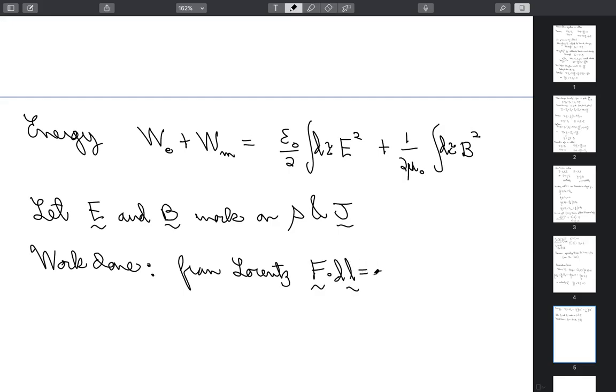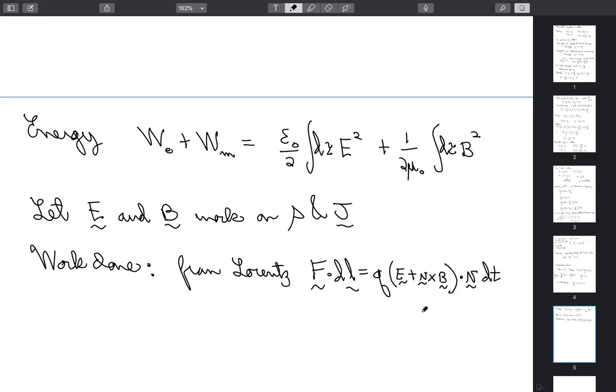What's the force? Well, the force would be, for a certain charge, Q times (E plus V cross B). Okay. With the displacement, you see, the displacement would be some speed V times some delta t.